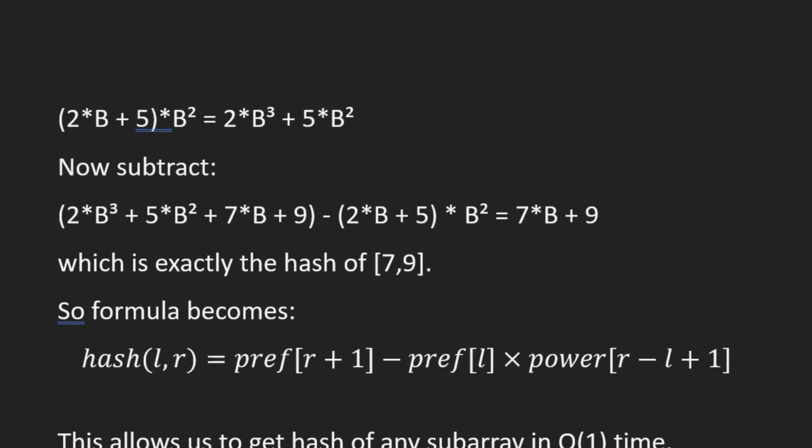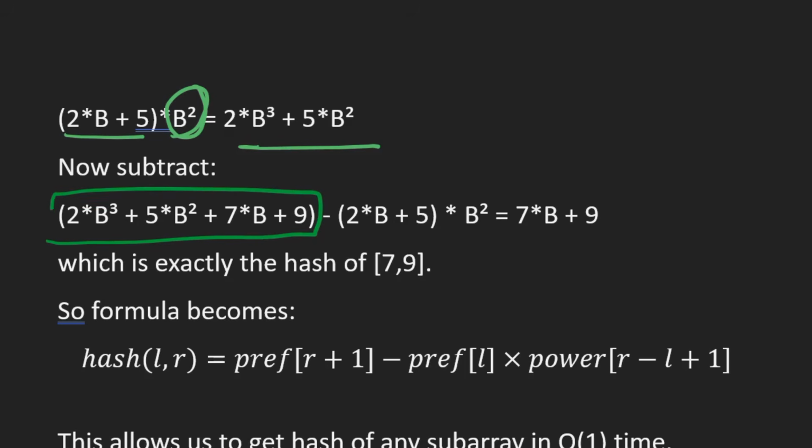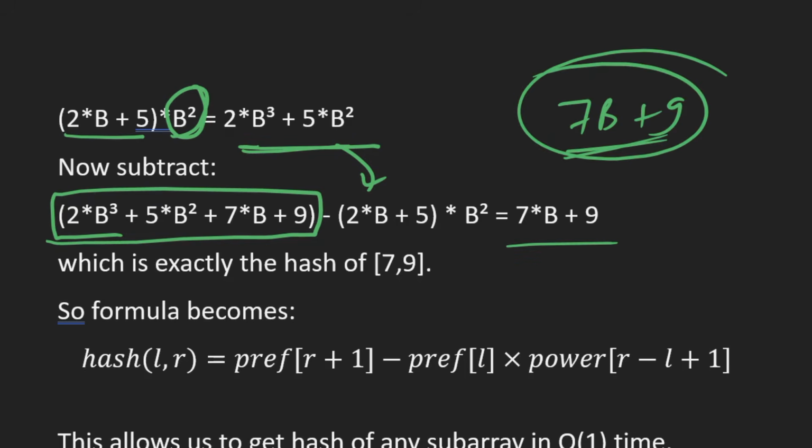So if you see, we have the unwanted hash as 2b plus 5 and b square is the smaller power. So when we multiply we get this, then we subtract this from the fuller hash, so we get the hash value of the subarray.